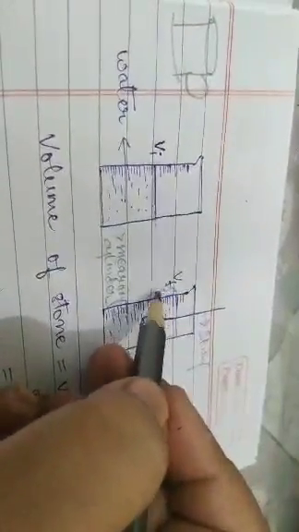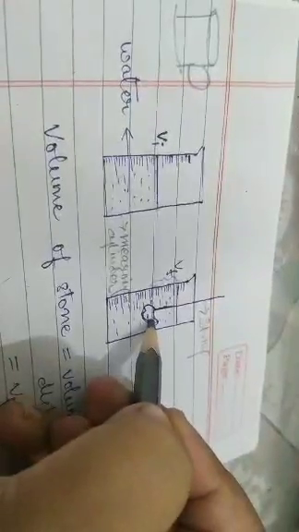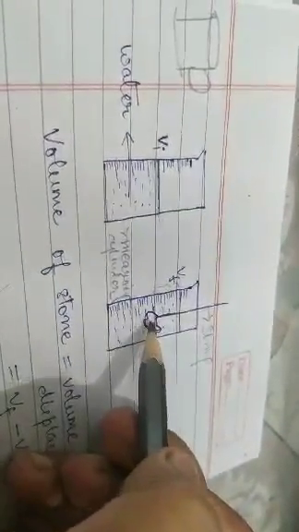This difference will give us the volume of this solid. The difference between initial volume and final volume is the water that the stone has displaced. So the volume of displaced water will give us the volume of the stone.